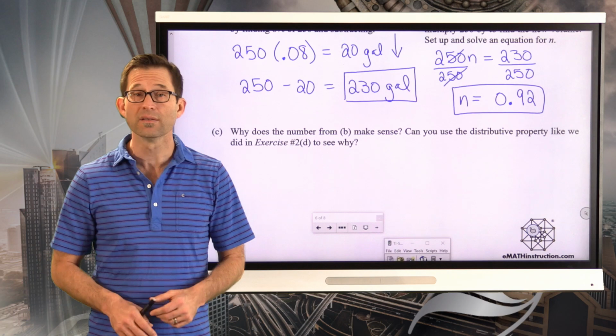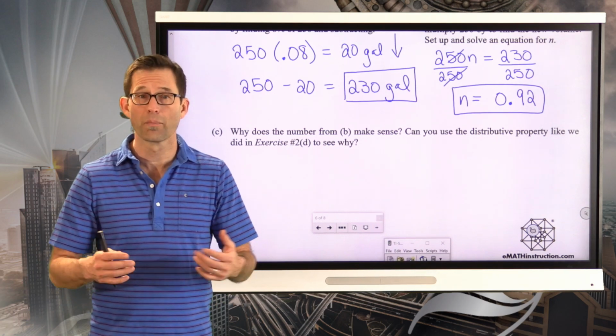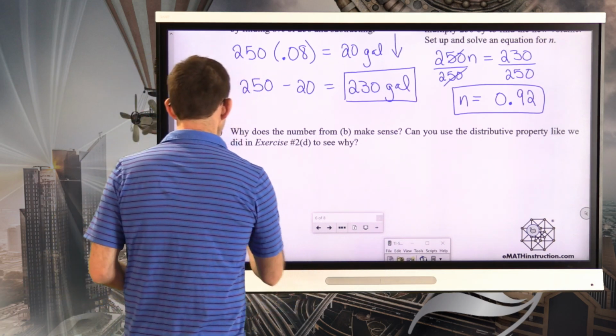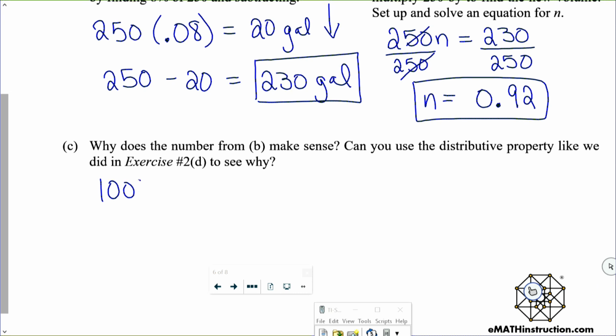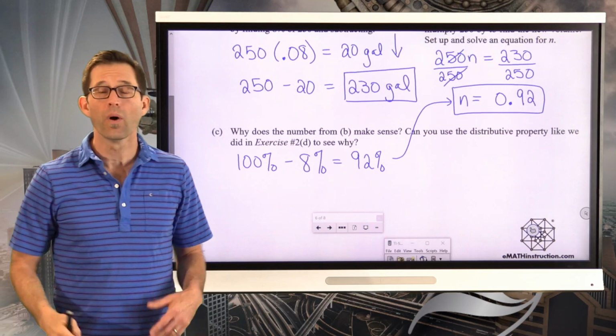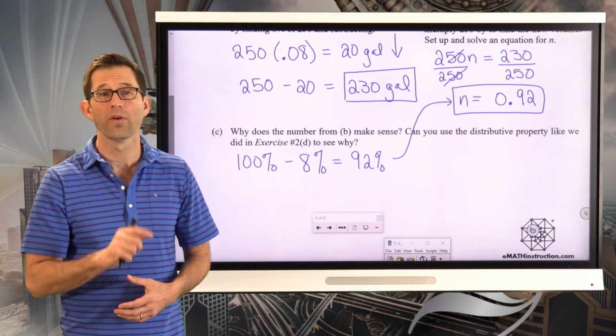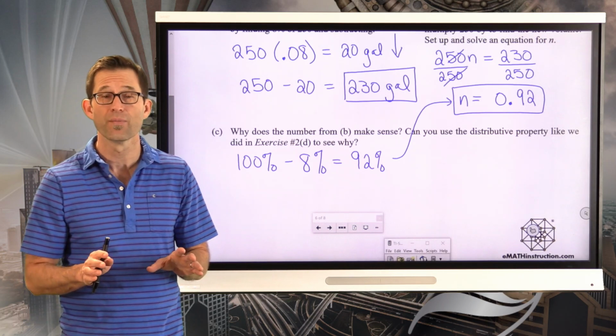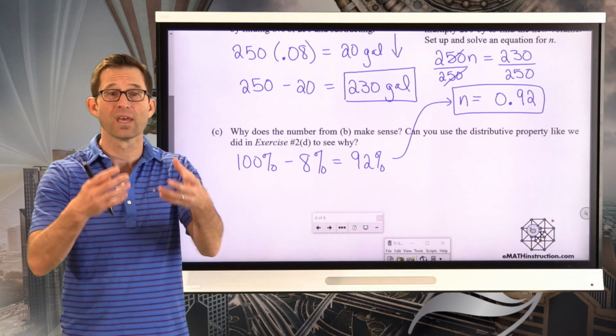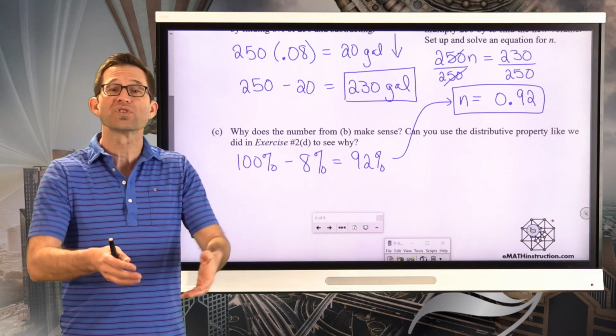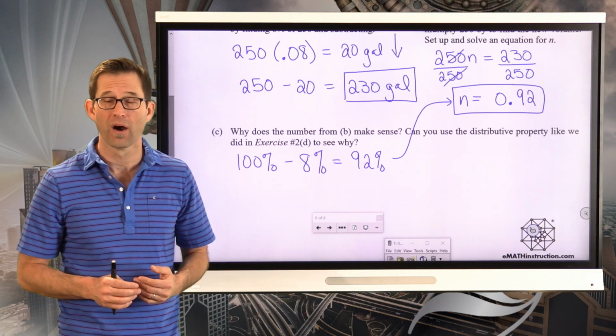Well, the plain fact is, if you think about starting with 100% and subtracting off 8%, then what you have left is 92%. So really what we're doing here is going in exactly the opposite direction of what we've been doing so far in this lesson: instead of adding a percent to 100%, we're subtracting something from 100%.